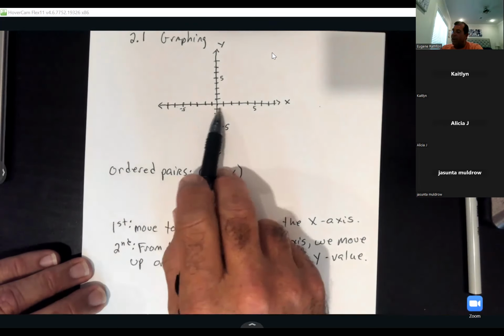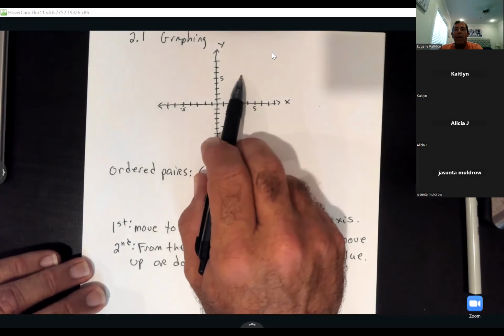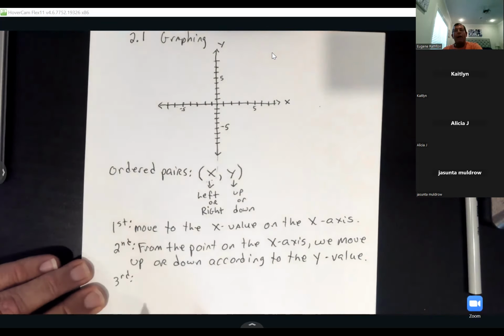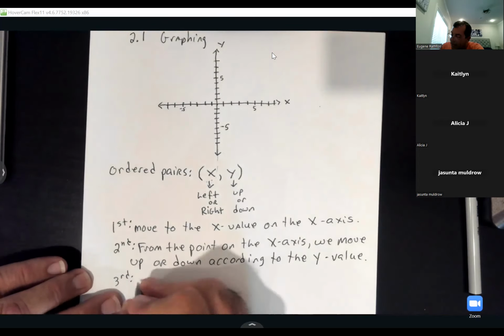Third thing I'm going to do, I'm going to put a point where I land.